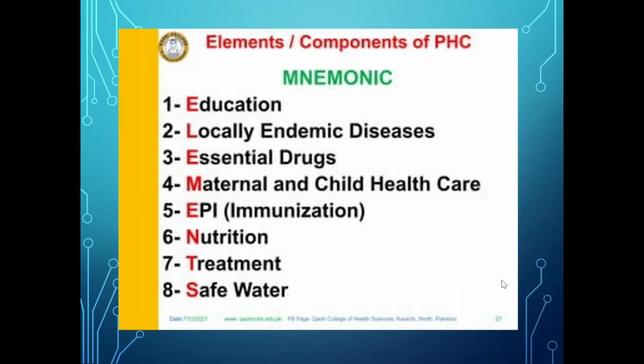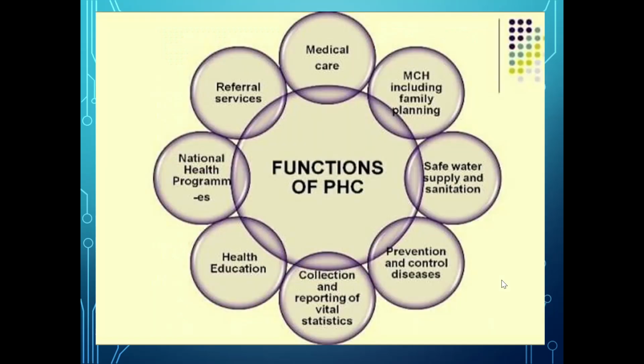Maternal child health care is an integral part of the PHCs. Expanded program of immunization schedule should be followed. Nutrition guidelines and corrections are required. Basic treatment of all kinds, first line of disease management, is required in the community. Safe water sources need to be looked for. So these are the areas.